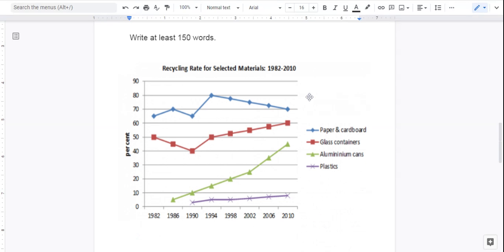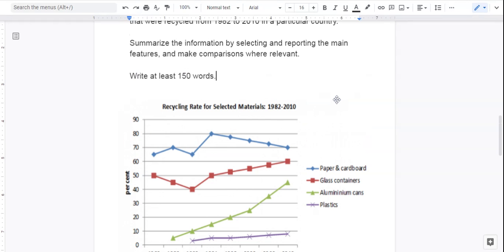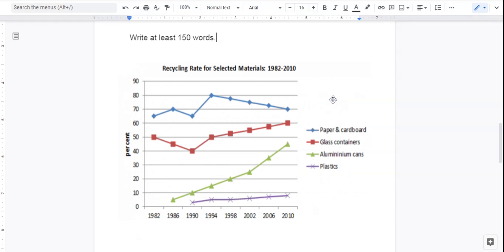So basically, we're looking at recycled materials. We see the different colors. Blue represents paper and cardboard, red represents glass, green represents aluminum, and purple represents plastics. We also see in the x-axis the years, and in the y-axis the percentages.